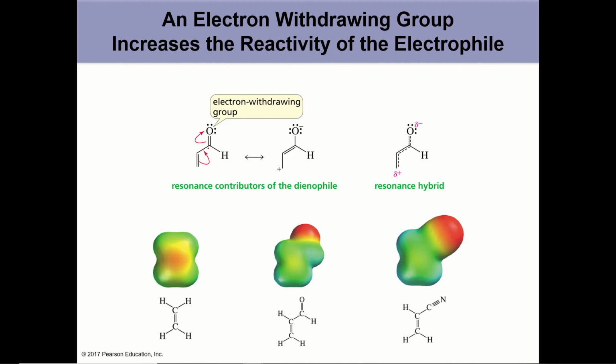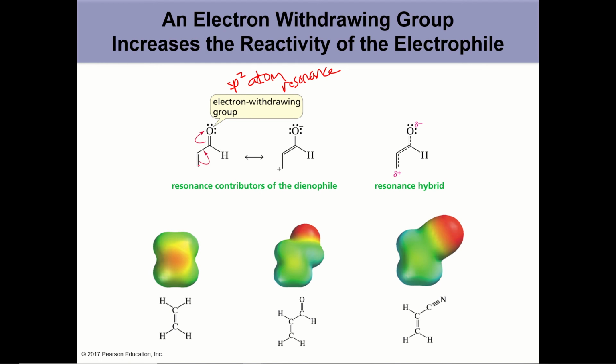So a C double bond O is an electron withdrawing group, and all electron withdrawing groups are going to have an sp2 atom. They have resonance. So our electron withdrawing group here is our C double bond O.